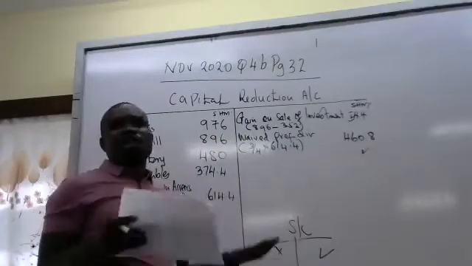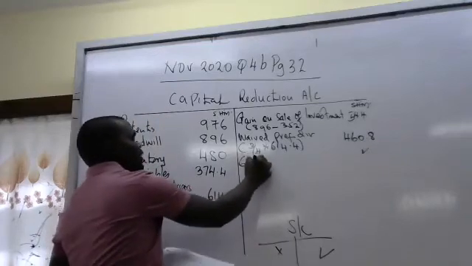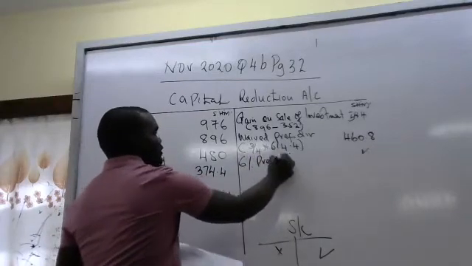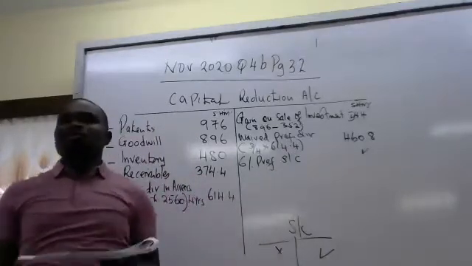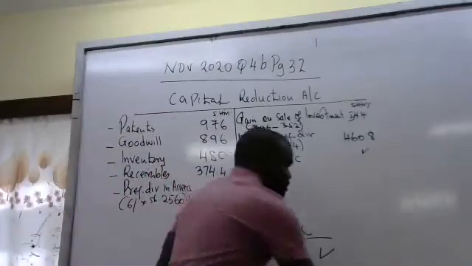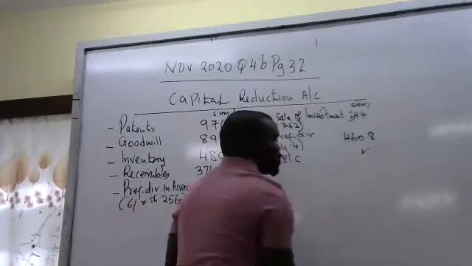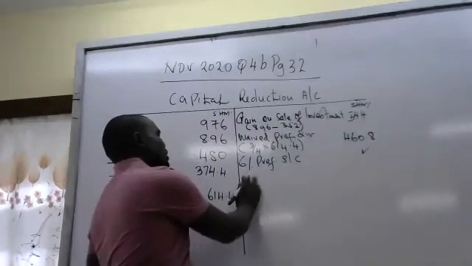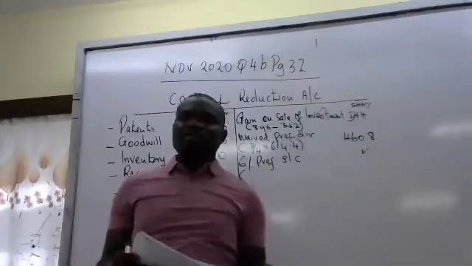Actually, that reduction, when they reduce, is a benefit to the entity. So you come here and say 6% preference share capital. How many shares were in the capital structure?